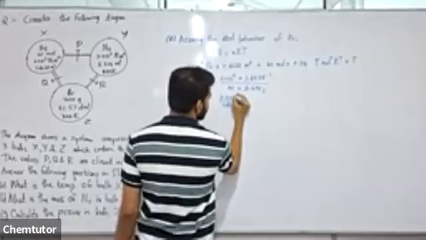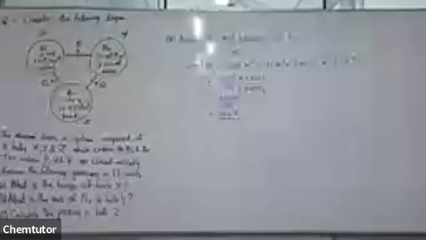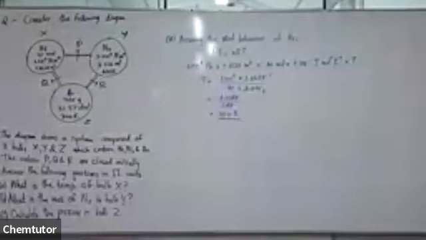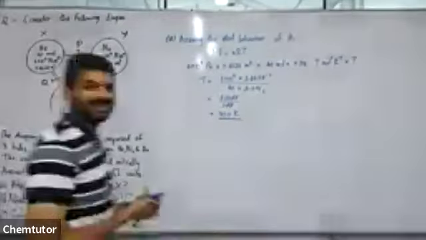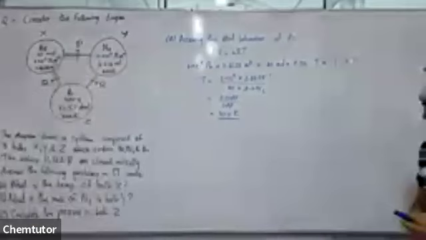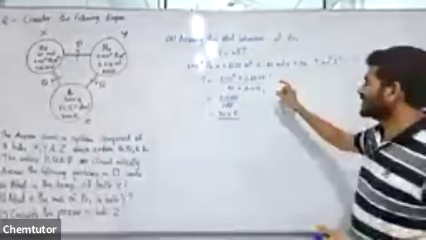Isn't that easy? Instead of doing that, we can put the decimal over here, then it will become 16.628.